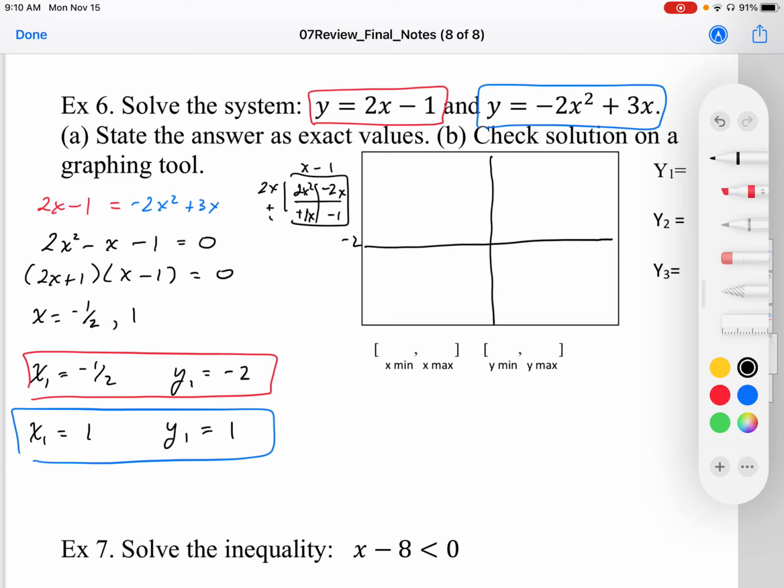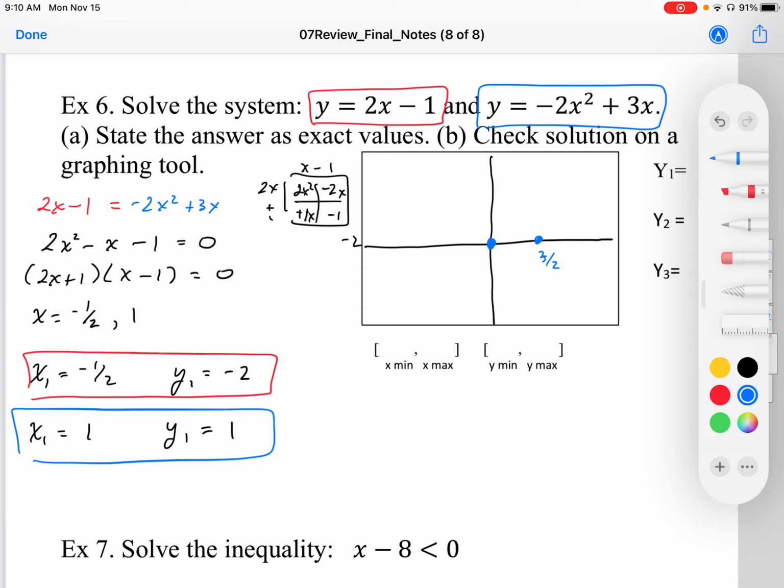We have the parabola. It's got a 0 at 0, and if I factor that out, we're going to end up with x equals about 2/3, so somewhere around there.